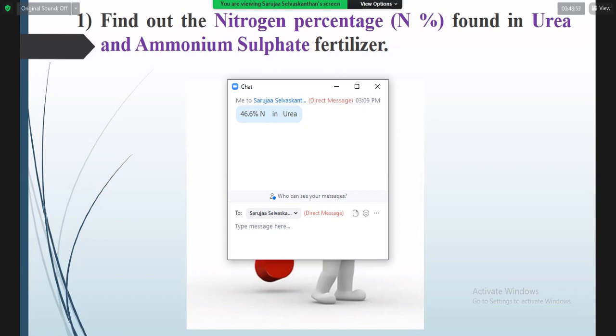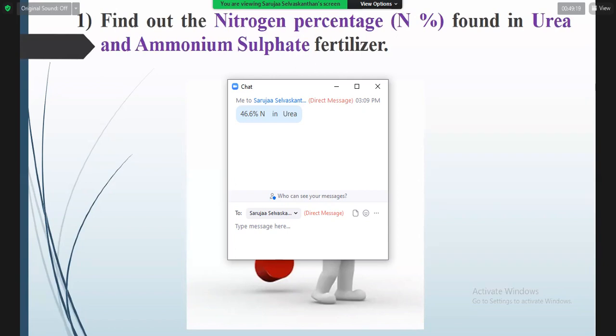Very good. One student is correct. One student's answer is wrong. 25% is wrong. In the last class I taught the types of fertilizer.